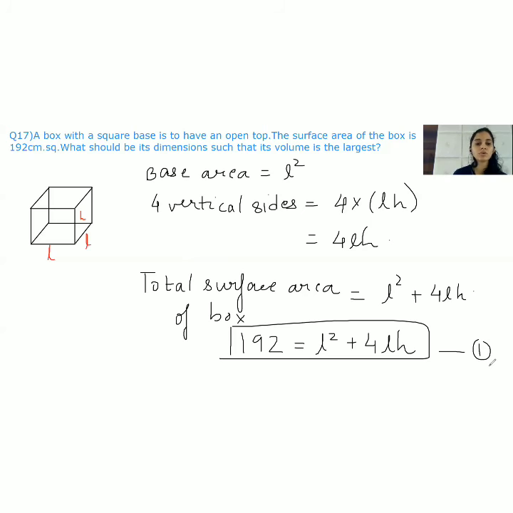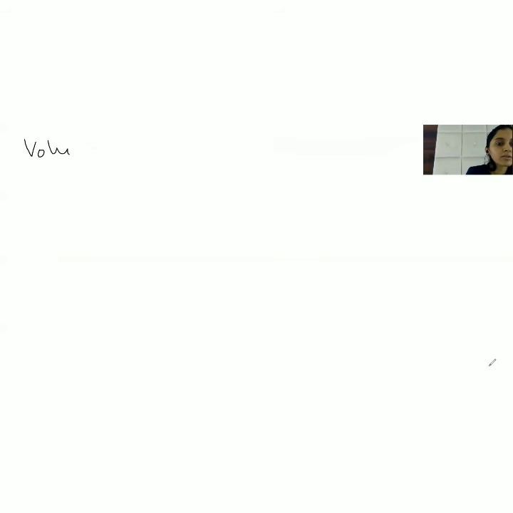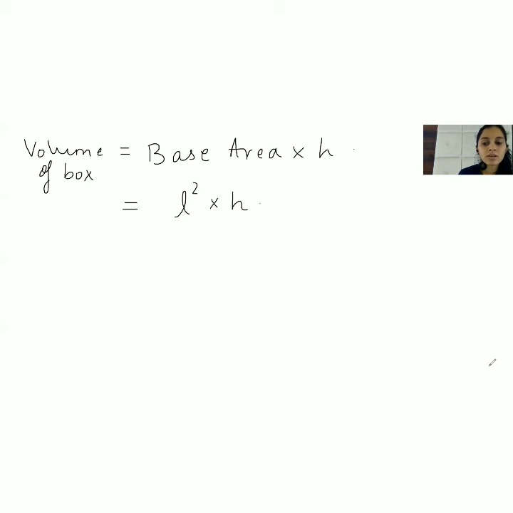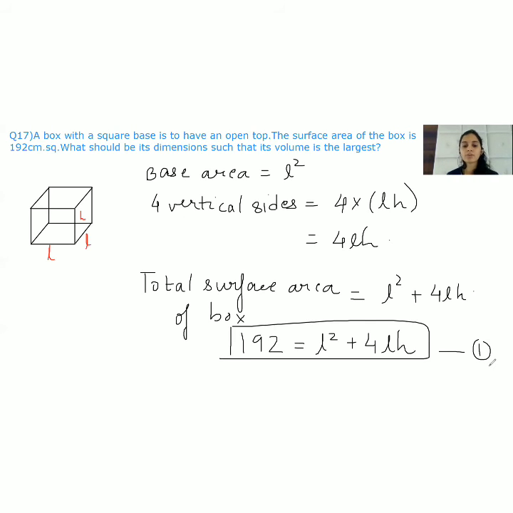Now, what will be the volume of this box? I'm writing volume of box. I'm not writing square or rectangle here. From the basic formula of volume, we can say base area multiplied by height, which is L square into H. Now let us look at the equation that we already have. Can we write an equation for L square from this? Yes. L square is equal to 192 minus 4LH.